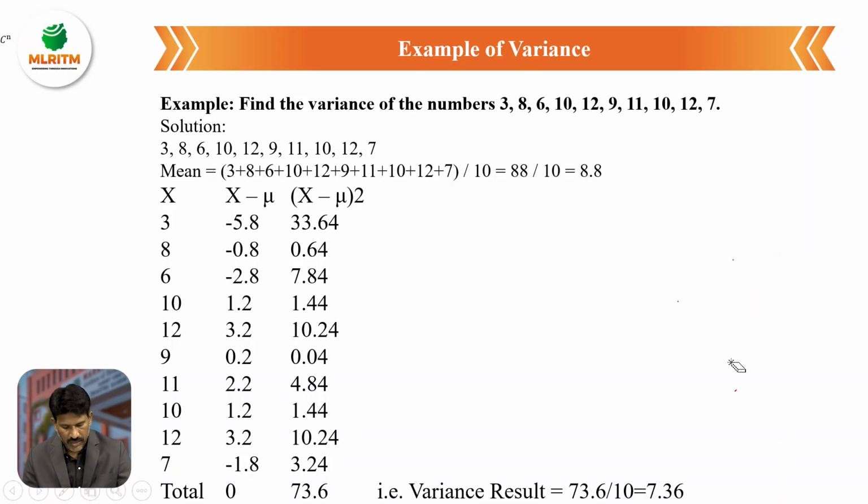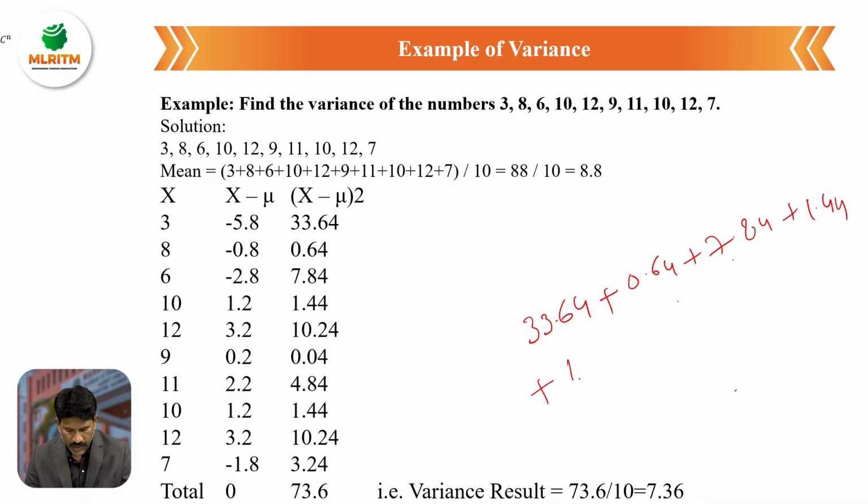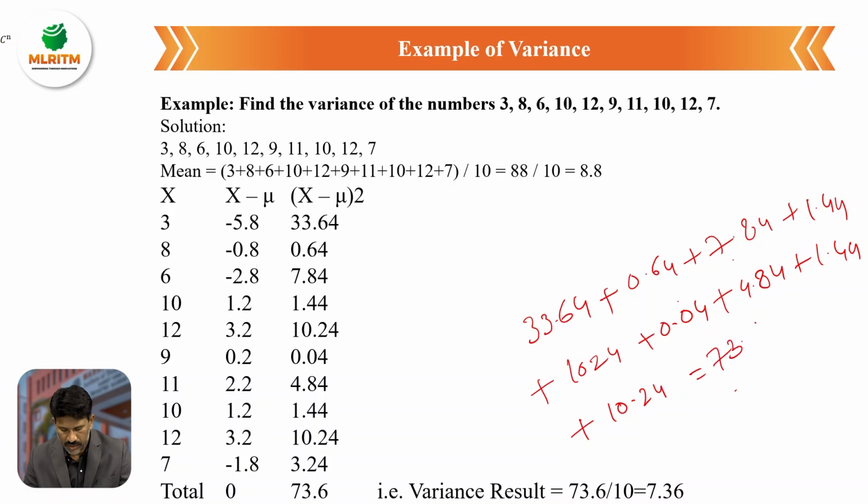Once you have completed all these things, then you'll get the variance value. So you have to do the sum of the values: 33.64 plus 0.64 plus 7.84 plus 1.44 plus 10.24, 0.04, 4.84, then 1.44, then 10.24, and you'll get 73.6.